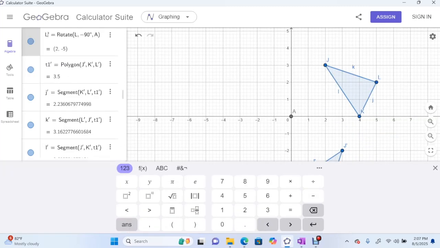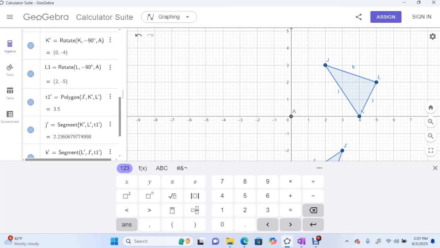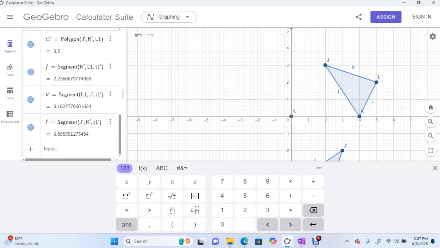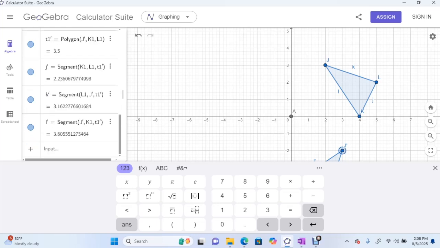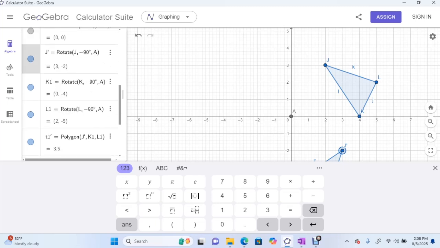So I can delete this and label it K1, because the question wanted it to be K1. And then L1 for this. So I'll label that L1. Sorry. This one here becomes J1.